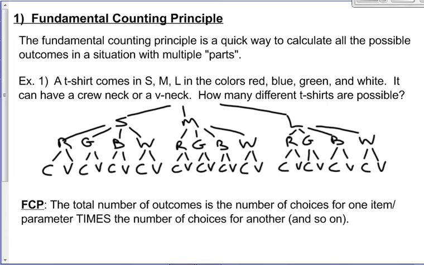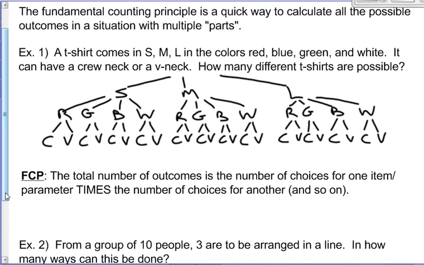So the fundamental counting principle says the total number of outcomes is the number of choices for one item or parameter, so say the size, times the number of choices for another parameter, so maybe color, and so on. So here we also had crew versus v-neck. So essentially we had three things we got to choose. We got to choose sizes, we got to choose colors, and we got to choose the neck style.